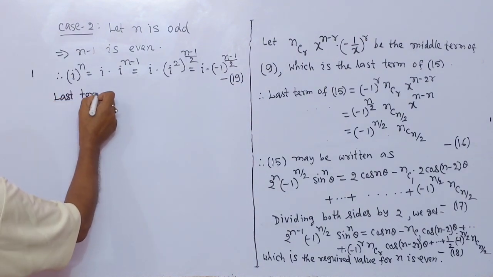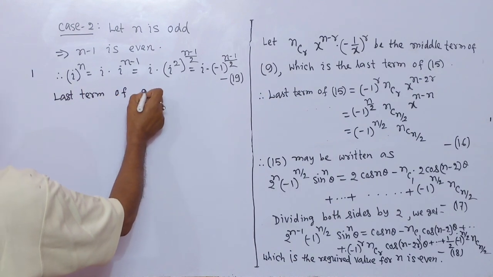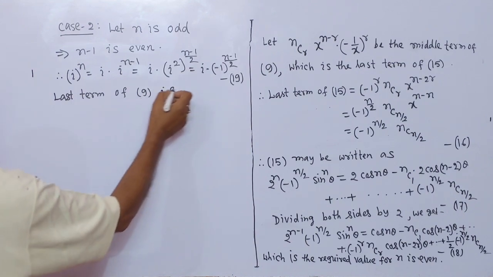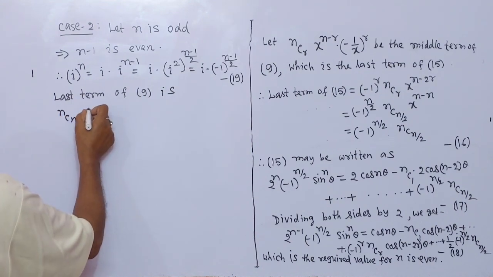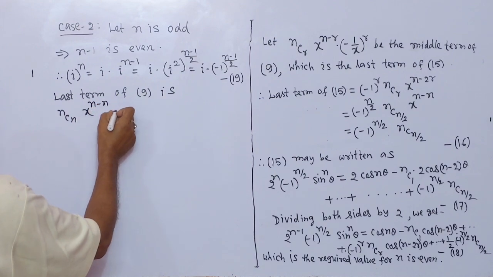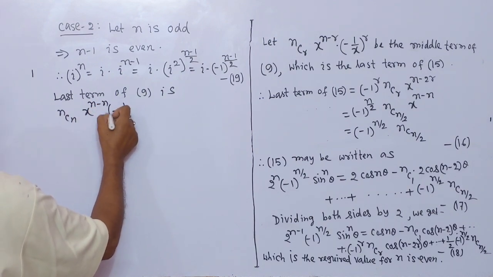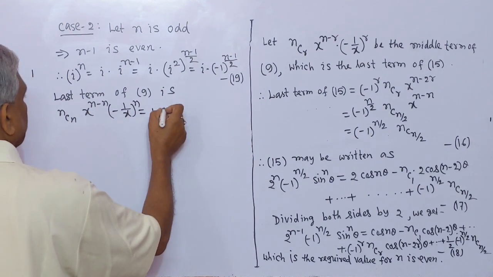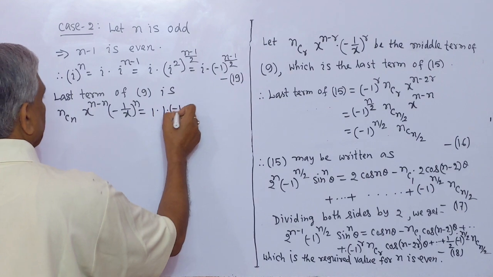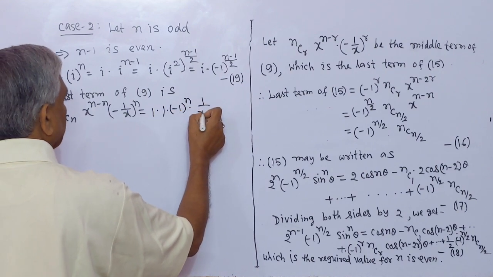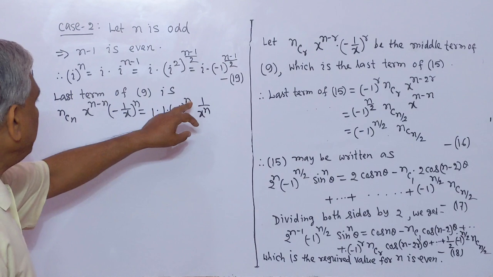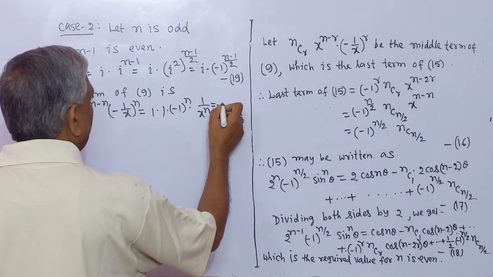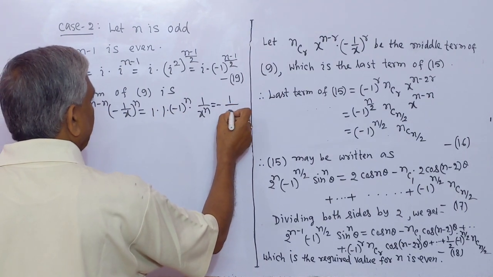Last term of 9 is nCn x to the power n minus n minus 1 by x to the power n. This is 1, x to the power 0 is 1, minus 1 to the power n multiplied by 1 by x to the power n. n is odd, therefore (-1) to the power n is minus 1, so minus 1 by x to the power n.